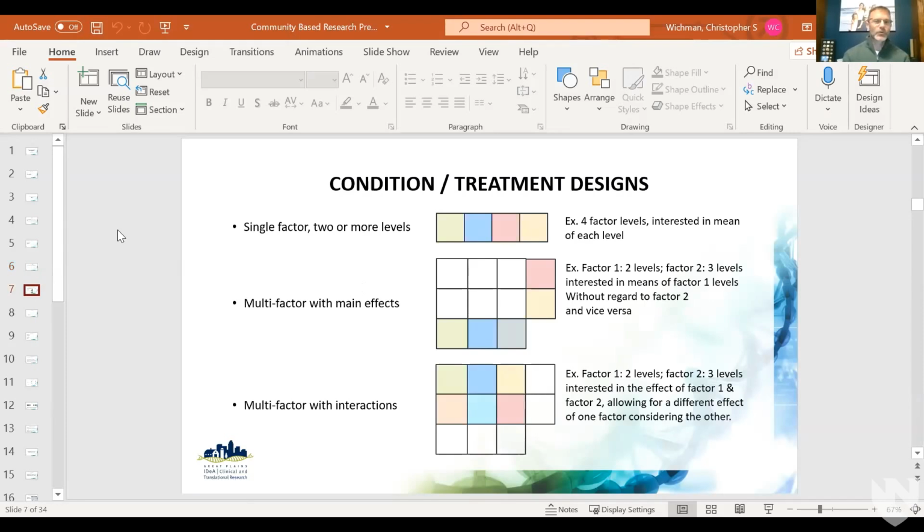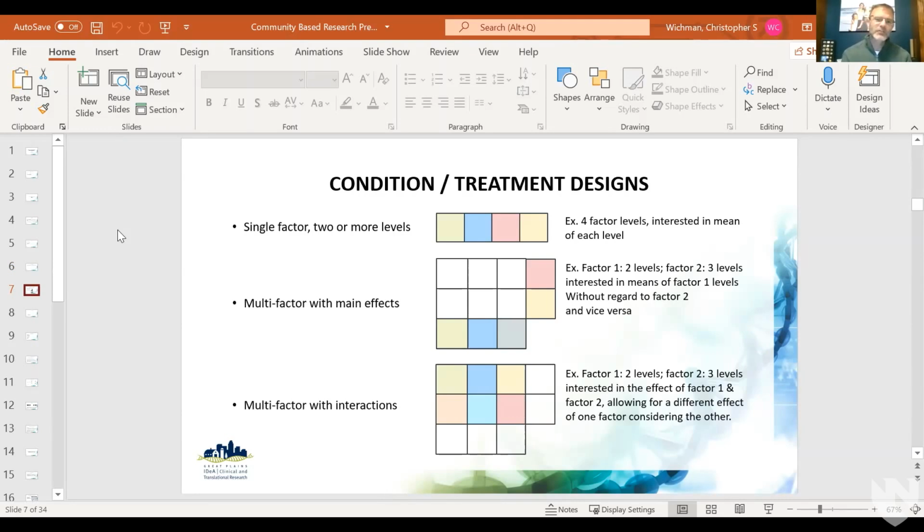All right, so with regard to the treatment designs or the conditional designs, they can get much more complicated than this, but in general, what we're typically doing is looking at a specific set of either factors, whether they be categorical or purely numerical on a more continuous scale. It doesn't really matter.